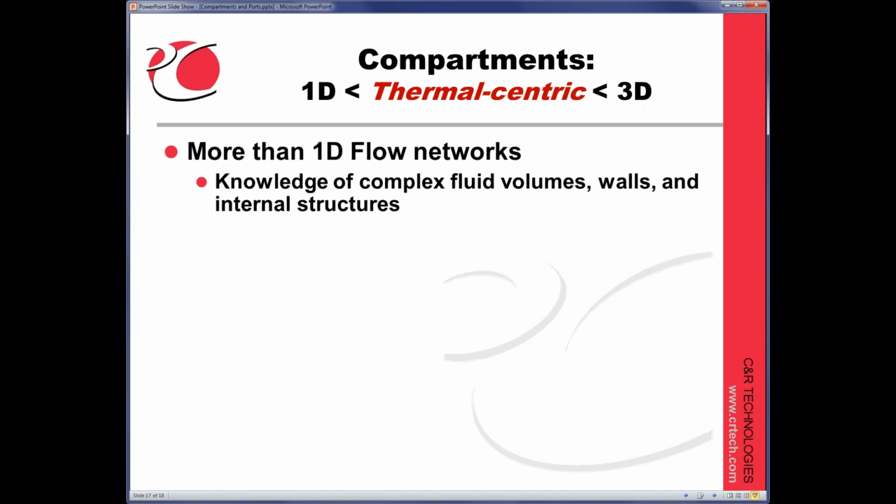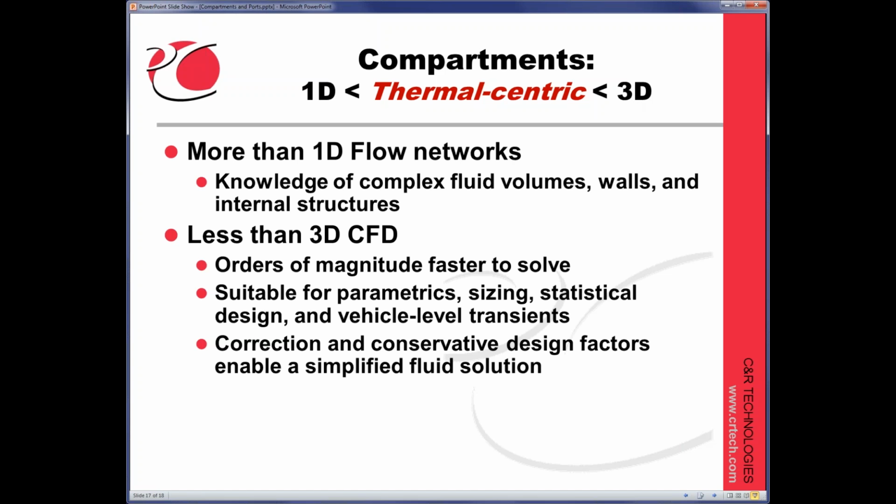More than a 1D flow network means that you can have knowledge of complex fluid volumes, walls, and structures. Less than 3D CFD means you are making approximations, but it's way, way faster to solve, orders and orders of magnitude faster to solve. The problems I've been showing you just take a minute or two to solve. Nothing in here is very elaborate.